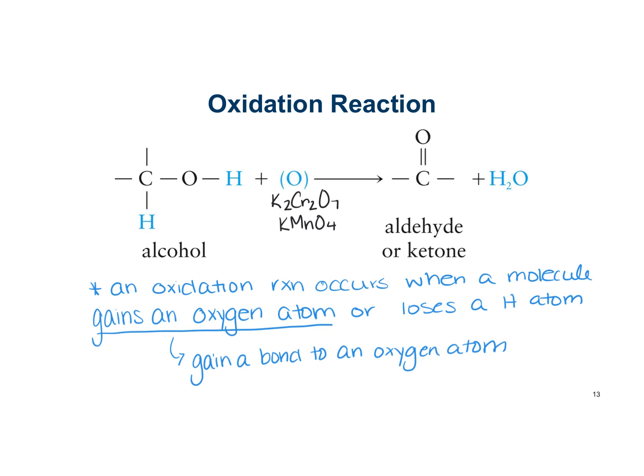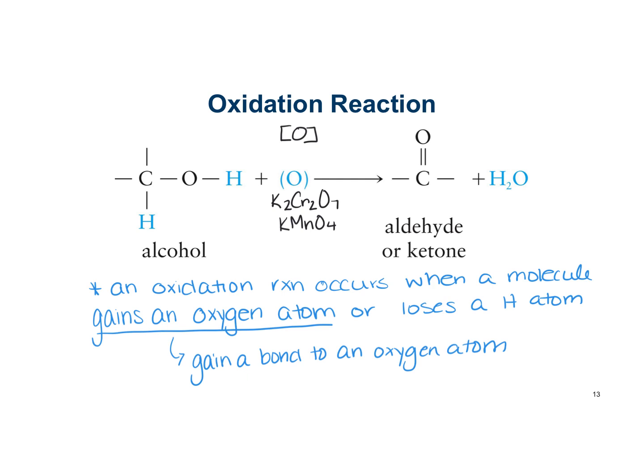Okay, so this carbon is going to lose a hydrogen. And then we gain a carbon-oxygen linkage. And so that's the indication that an oxidation reaction occurs. The symbol O here is given for oxidation agents. You're either going to see it as an O like this. Sometimes you're going to see it as an O in brackets. But either way, you know that that's your symbol for oxidation occurring.